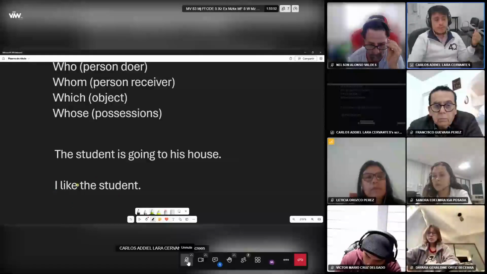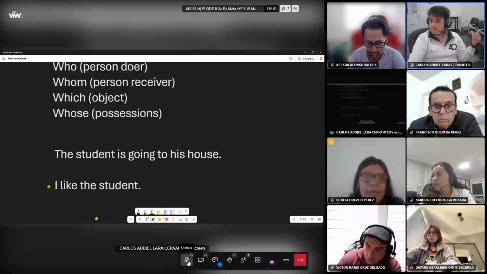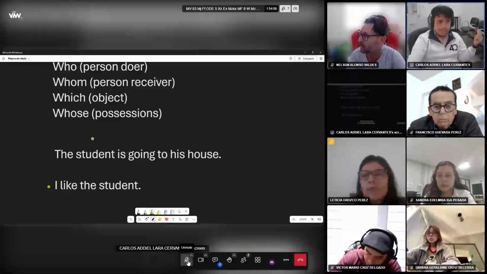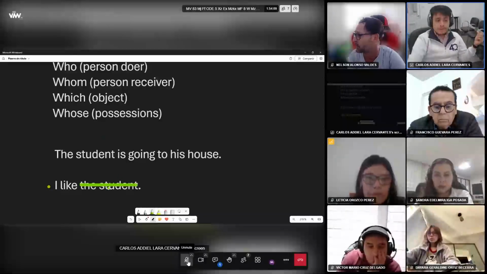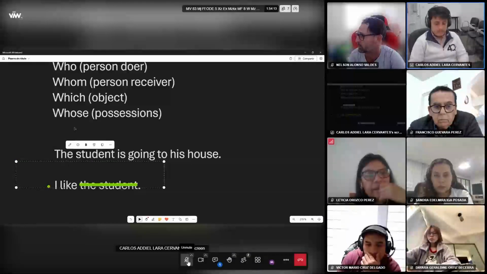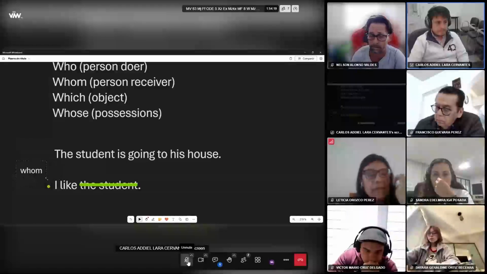Is the student doing the action in this idea or receiving the action? He is receiving the action. He is receiving the action, exactly. So we're going to substitute the student with the connector.